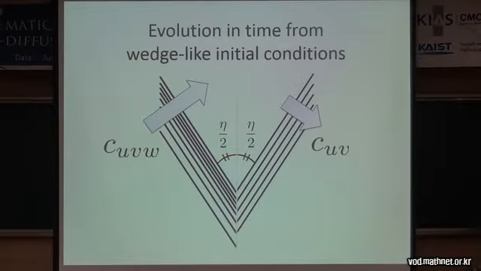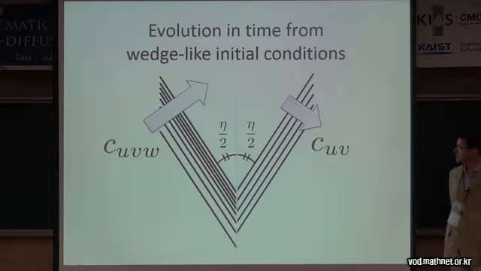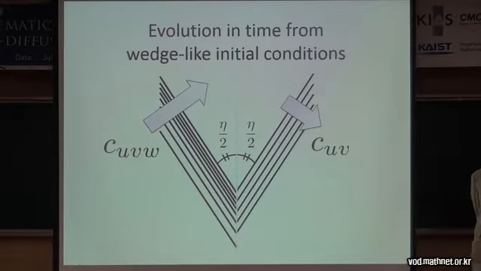In order to check this, we will do some numerical simulations of the time evolution problem, starting from initial conditions of this kind. I call them wedge-like initial conditions because they are a rough approximation of what we want to find, and we hope that they will evolve into our wedge-shaped traveling wave.